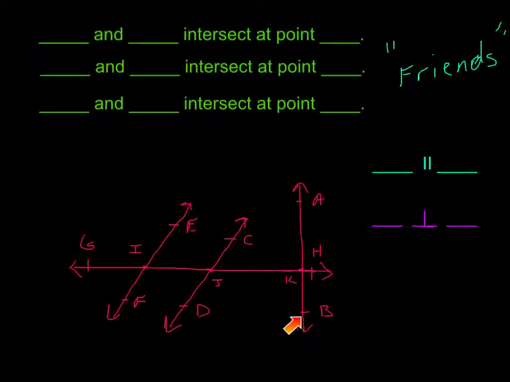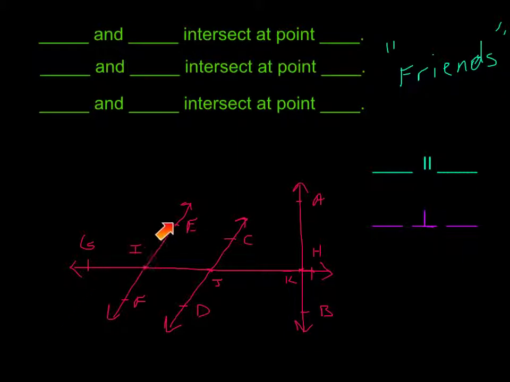And as you can see from our figure down below here, we have 3 intersections in which lines cross. So I have 3 of these listed up here. Our first one says blank and blank intersect at point blank. So let's look here.